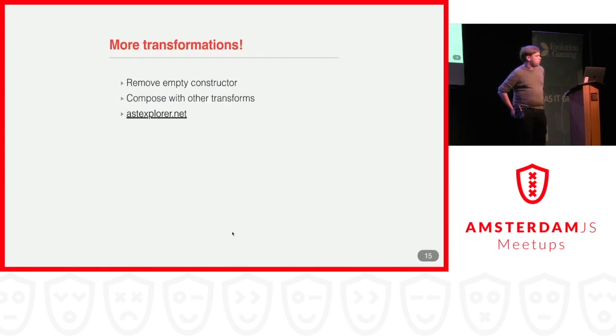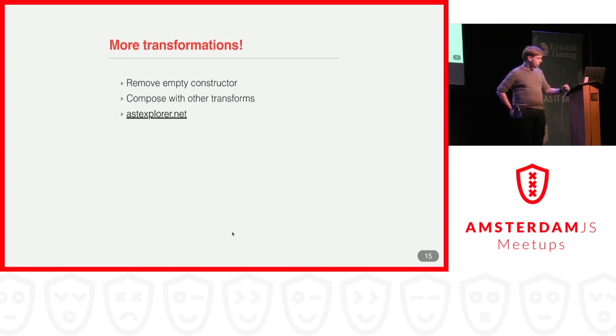In these sorts of cases, you could extend the original one to allow more cleaning up, so adding more code to it. But it's quite nice to compose multiple transforms together, especially generic ones, like cleaning up a constructor that's empty. That's something that might happen with a lot of other transformations. So it's pretty much something you can always do at the end as a final cleanup.